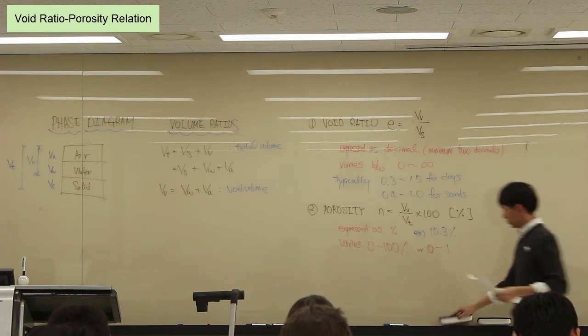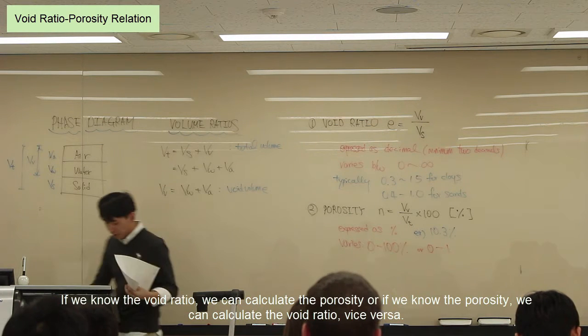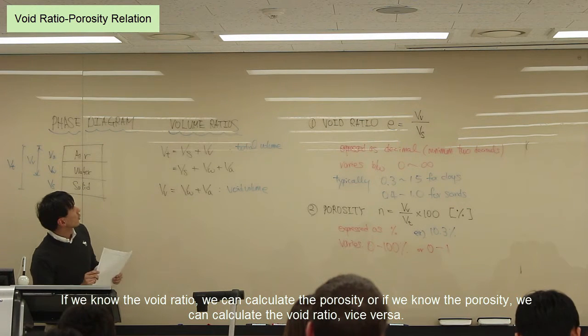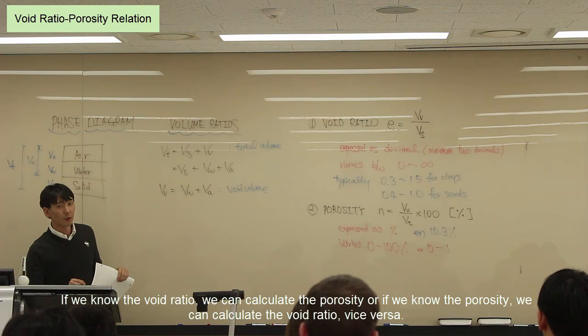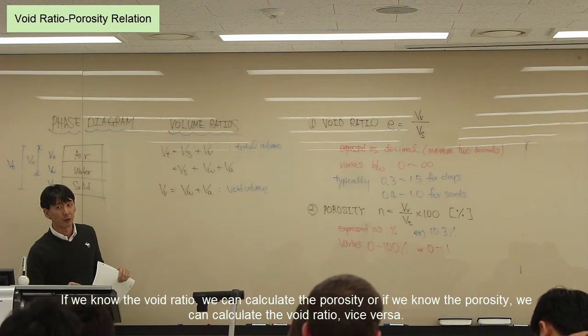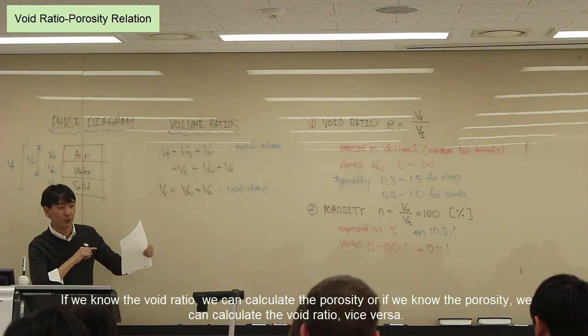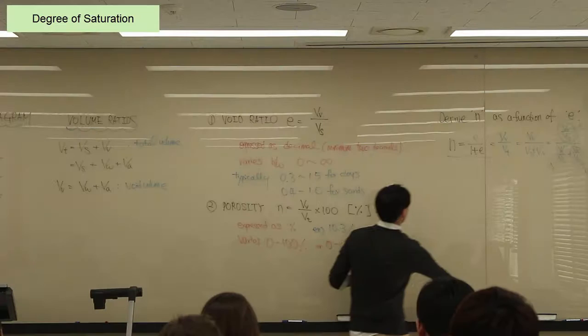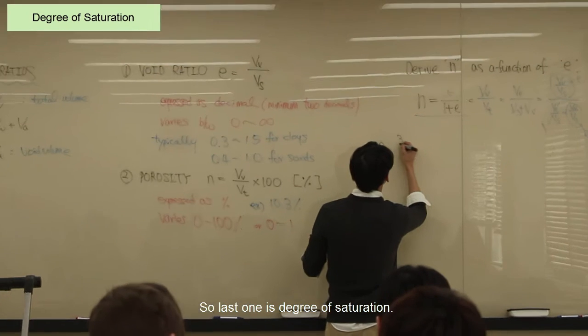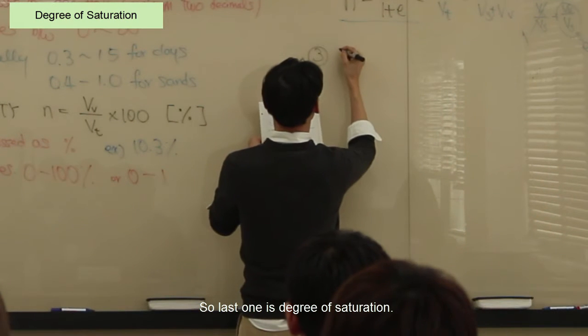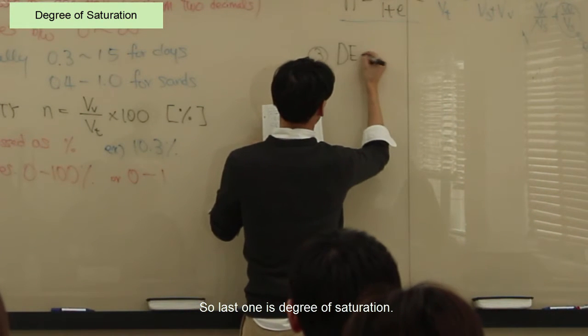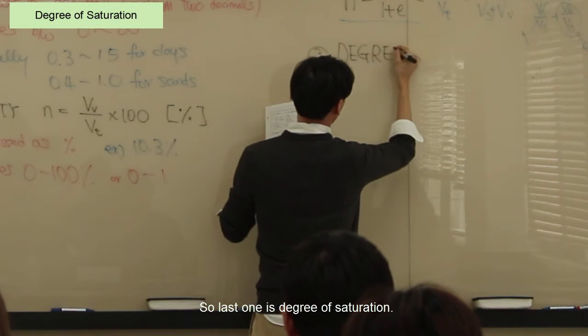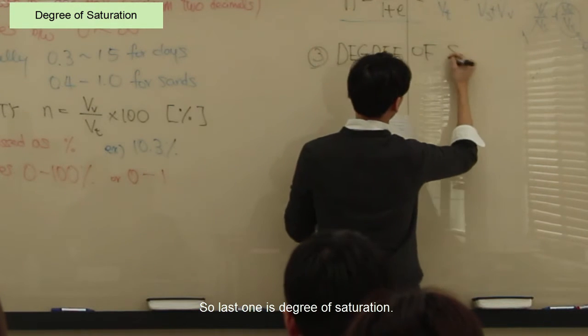Then, if we know the void ratio, we can calculate the porosity, or if we know the porosity, we can calculate the void ratio, vice versa. How? So the last one is degree of saturation.